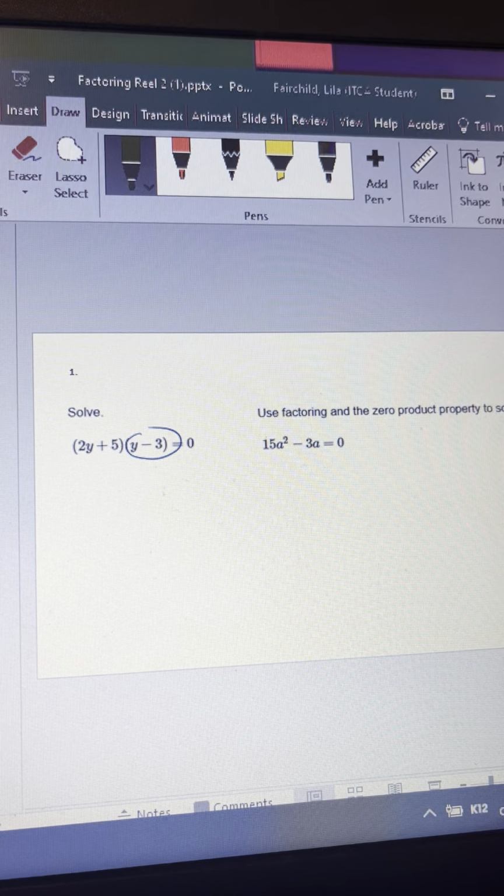Then you divide by 2, and then you can't do anything more, so it's just -5/2. So that's the answer for that one.